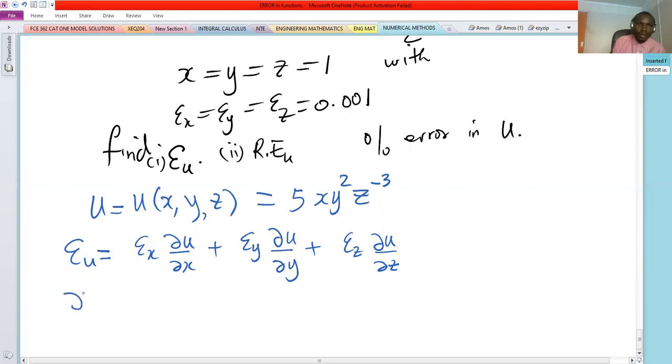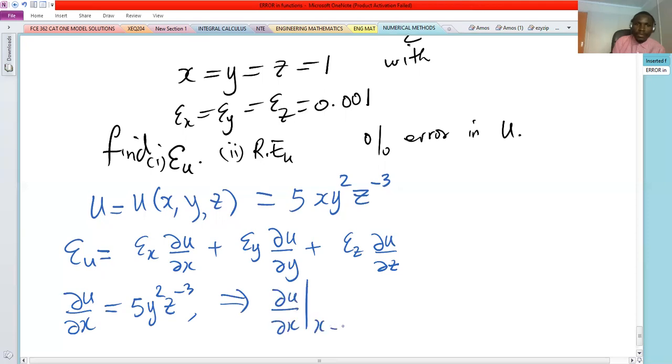So let's just find partial u partial x. From this one, we'll have 5y squared z to the minus 3, which means that partial u partial x at x equals y equals z equals 1 will give us 5 times 1 squared times 1 to the minus 3, which will give us 5.